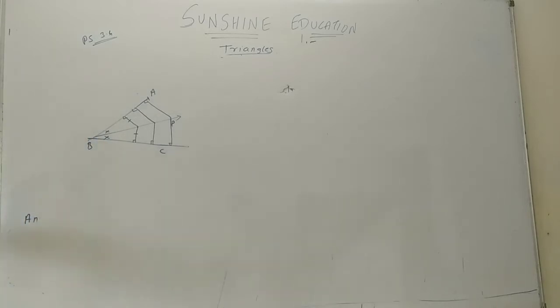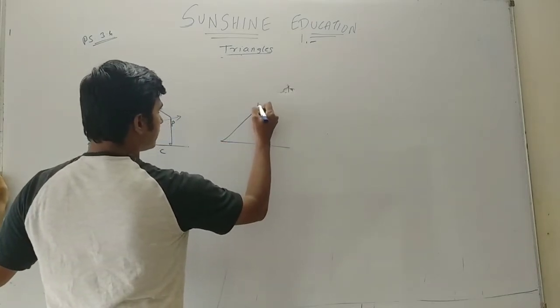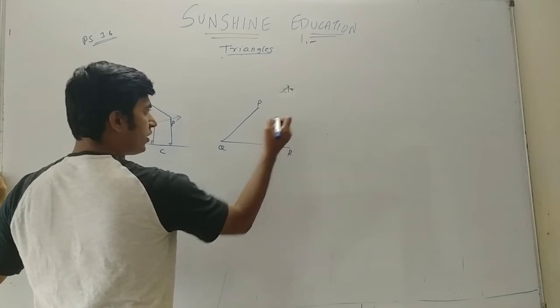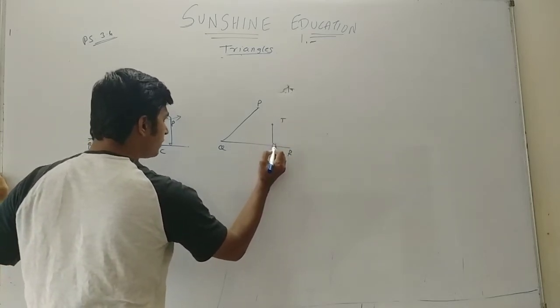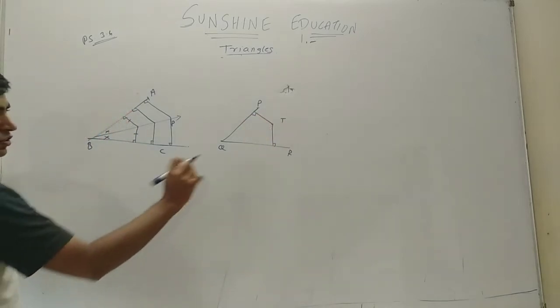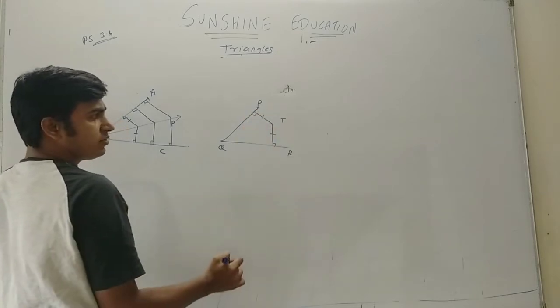And the opposite of this: suppose we have a point T over here, and T is equidistant from the two sides of the angle. We just know that point T is equidistant from these two sides of the angle.